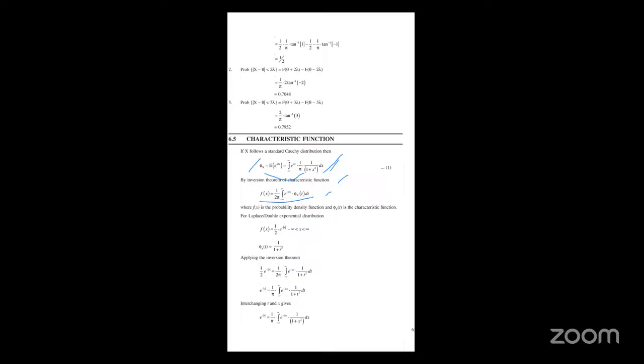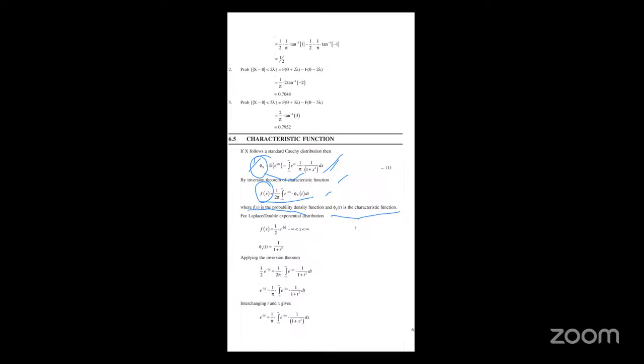This is because of the inversion theorem, where f of x is the probability density function of the Cauchy distribution, and phi x of t is the characteristic function.